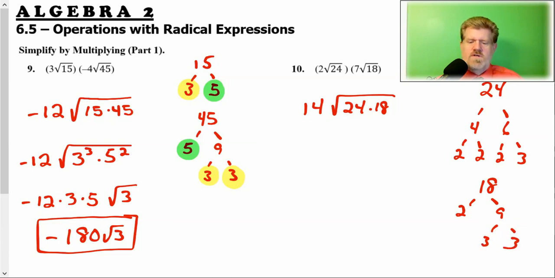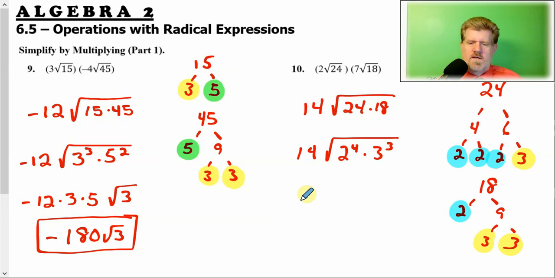So let's see, what do we got? For our 3s, we have 1, 2, 3 of them. For our 2s, 1, 2, 3, 4. So what do we end up having? 2 to the 4th power, because we have 4 of them. 3 to the 3rd power. What comes out?